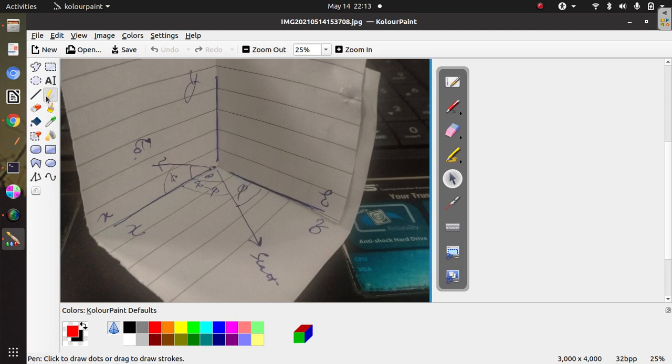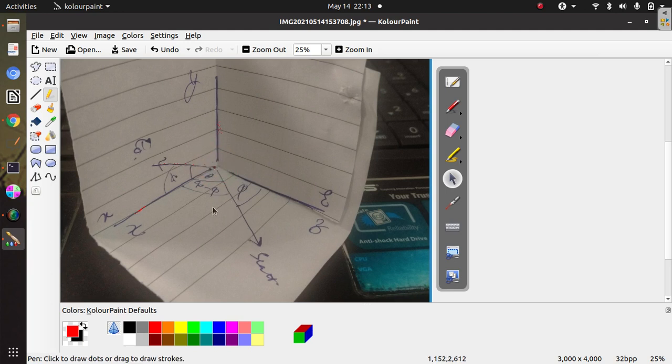So here, this is x-axis and this is y-axis. Along this direction, say this is z-axis. So it is the incoming wave E naught, and it is made to interact with the particle which is sitting here.